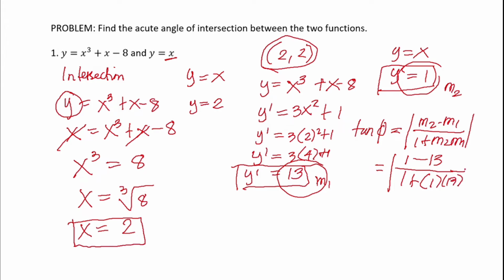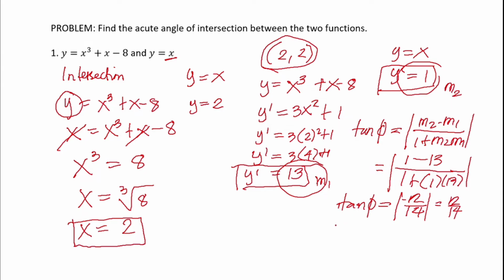Alright, so we have here the absolute value. So tangent phi, if we use your calculator, we have 12 over negative 12 over 14 rather, that is equal to 12 over 14.